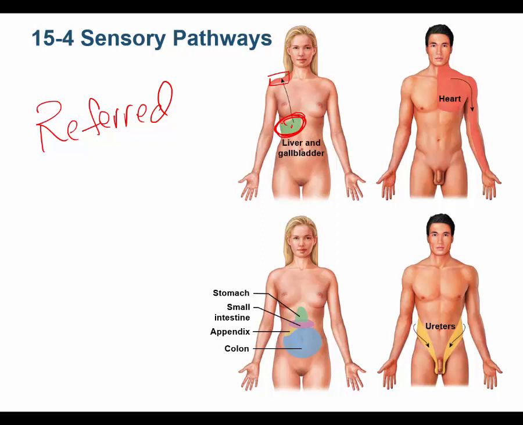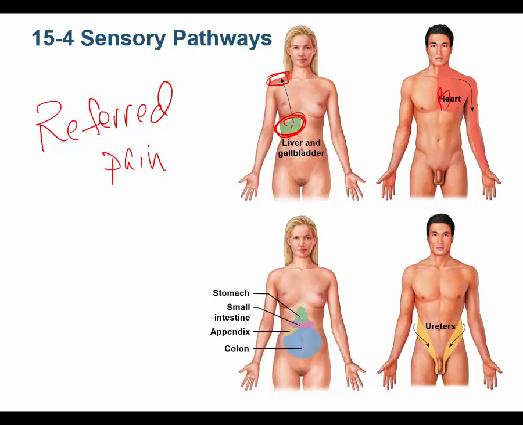They synapse in your spinal cord and decussate, and they travel up through your lateral spinal thalamic tracts. All right. And then the sensory input from your right shoulder join it. So there's times when your brain can't tell the difference where the pain's coming from, and this is called referred pain.